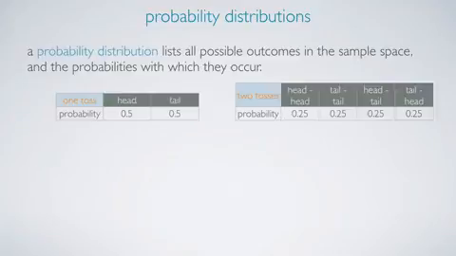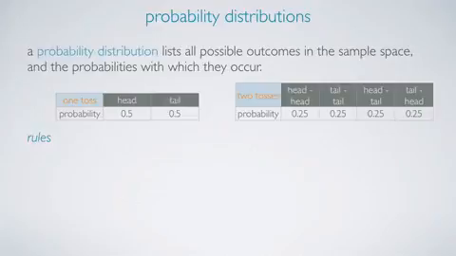Since each outcome is equally likely, we have about a 25% chance of each one of them happening. These tables are the probability distributions for the events of interest, 1 or 2 coin tosses. We can create similar probability distributions for any discrete event of interest, and we'll talk about probability distributions for continuous variables later in the unit.